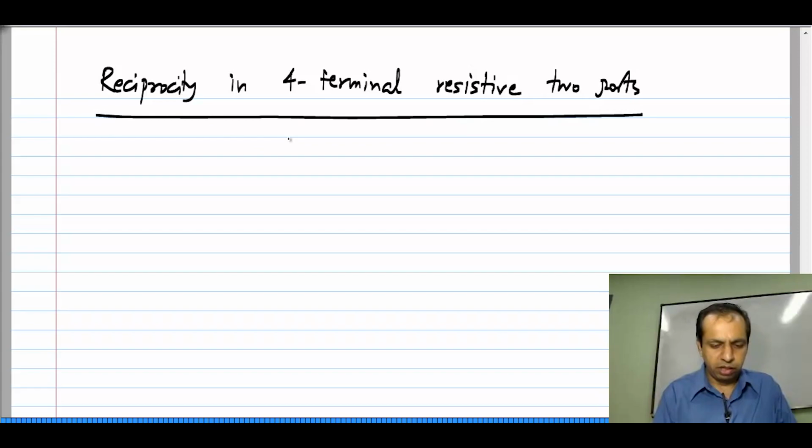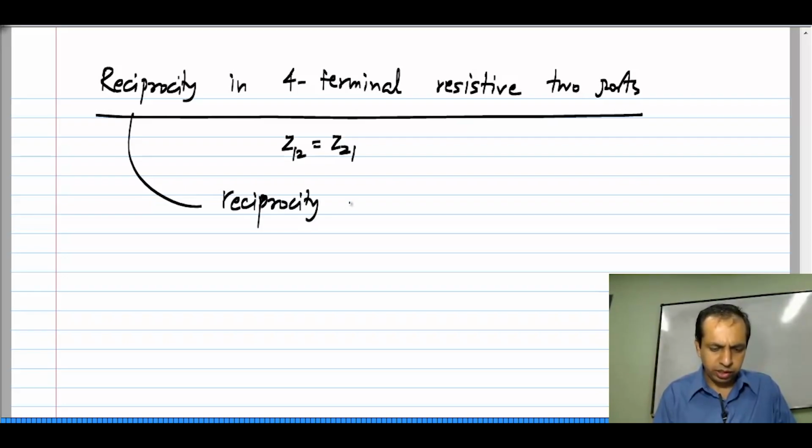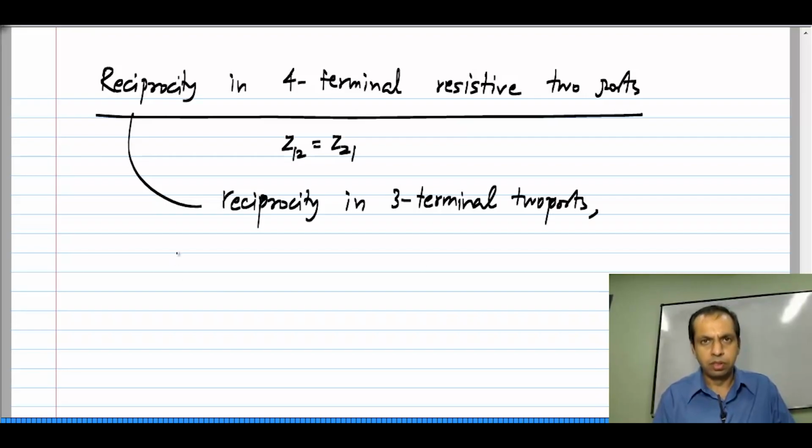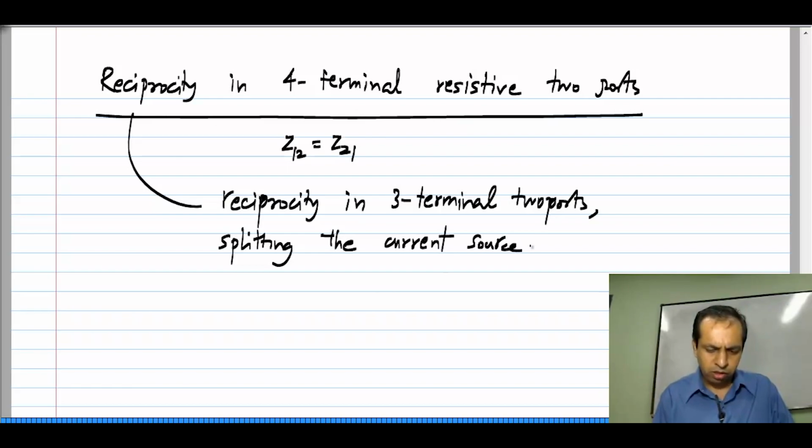So, this is proved, basically we have proved that Z12 equals Z21, and in doing that we used reciprocity in 3 terminal resistive 2 ports, and we also used the earlier theorem on splitting the current source and superposition.